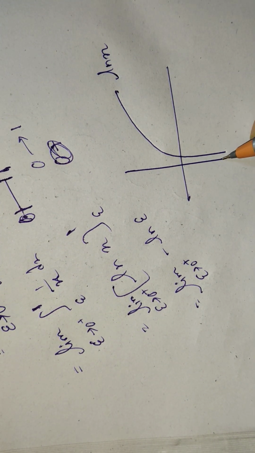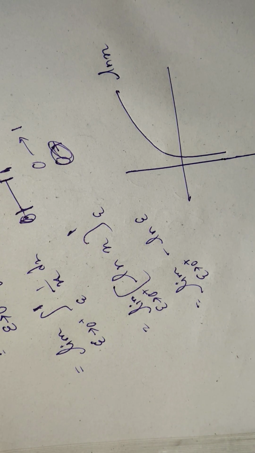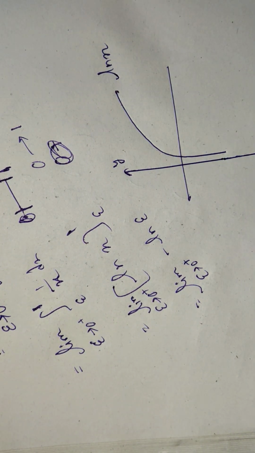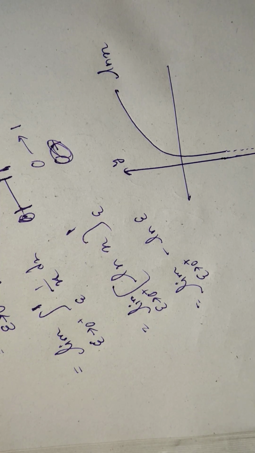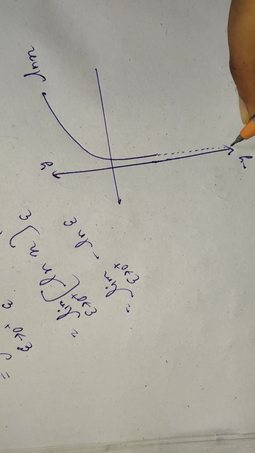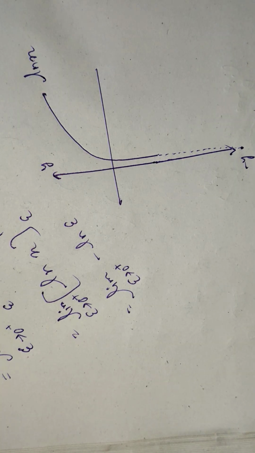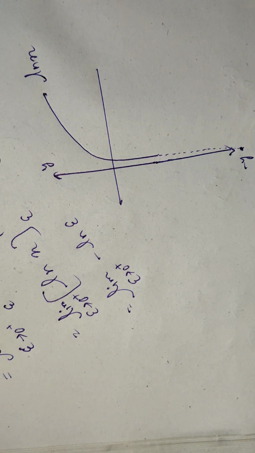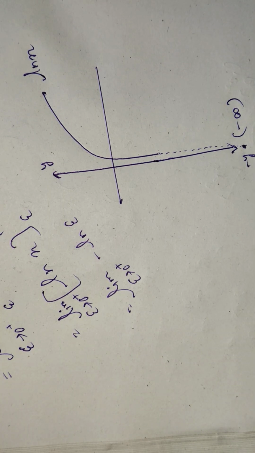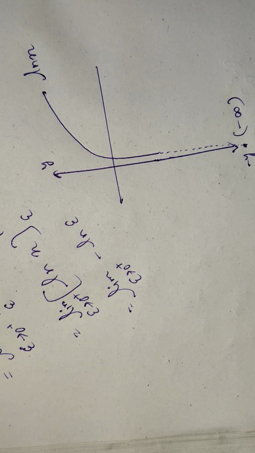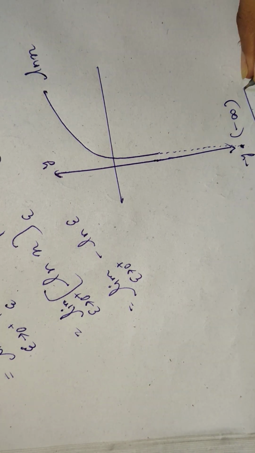When we are talking about 0, on the negative y-axis, the graph of ln x goes to infinity, but since it is the negative y-axis, the actual answer is minus infinity.